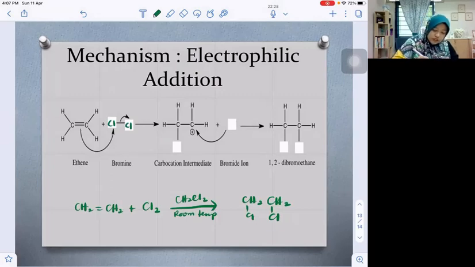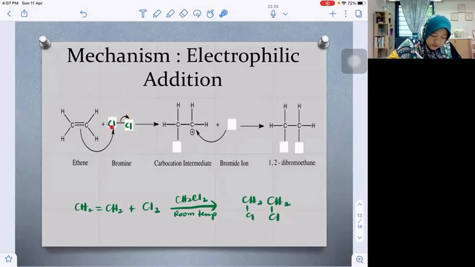Firstly, the electrons from the carbon-carbon double bond will attack the first chlorine. It makes the bond cleavage occur between these two chlorine atoms. This is what we call heterolysis, in which both of the shared electrons go to this chlorine.